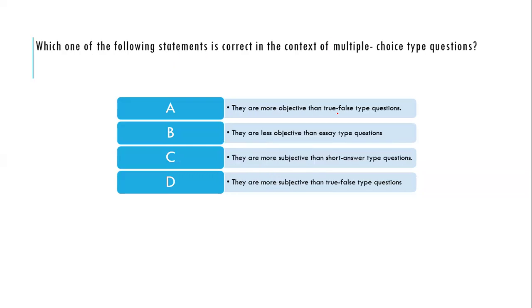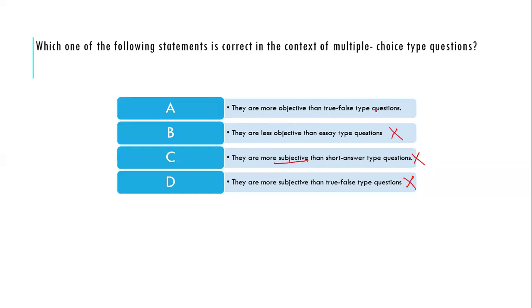Which one of the following statements is correct in the context of multiple choice type testing? They are more objective than true-false type questions. They are less objective than essay, no, it is more objective. They are more subjective than short answer questions? No. More subjective than true or false type questions?